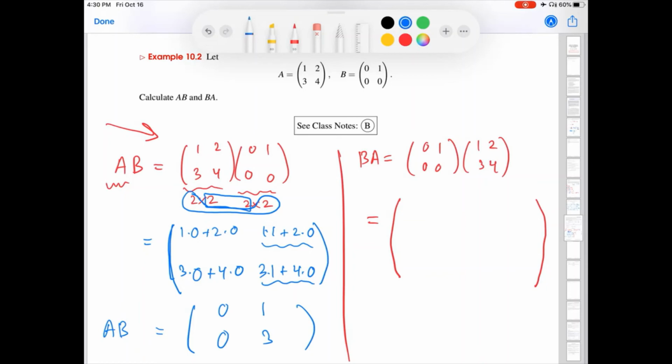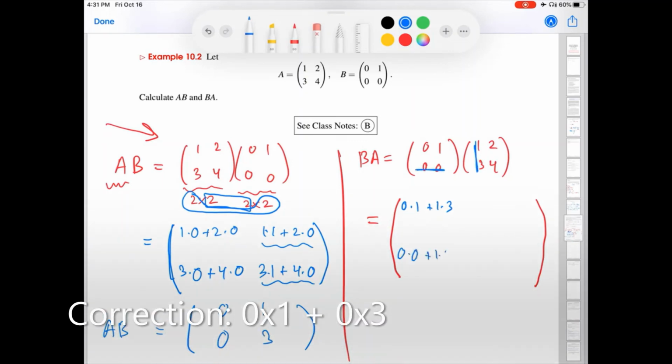Illustrating the process again: first row with the first column gives me 0 times 1 plus 1 times 3. And then second row times first column, 0 times 0 plus 1 times 3.